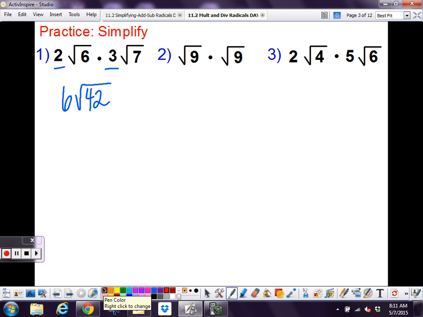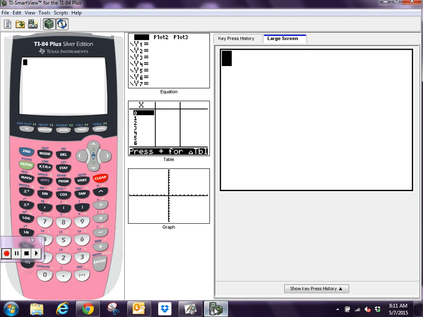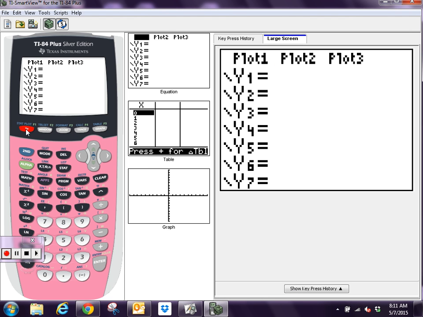Okay, now we need to think about that 42 and see if there's any perfect squares in that. 4 doesn't go into 42. 16 doesn't go into 42. Remember that trick to check? You can go to your y equals. You can type in 42 divided by x, and this is going to get you your factors.